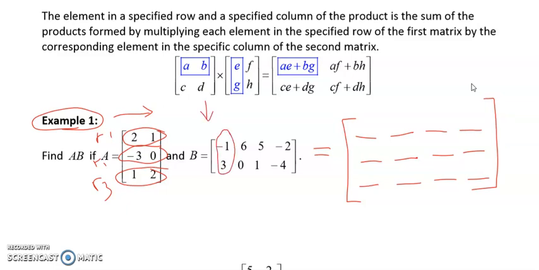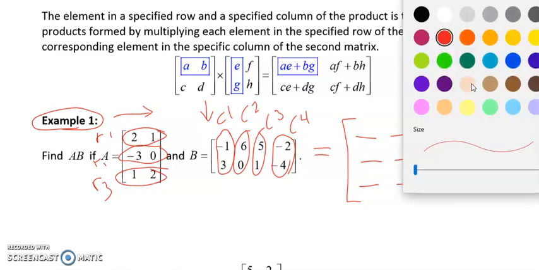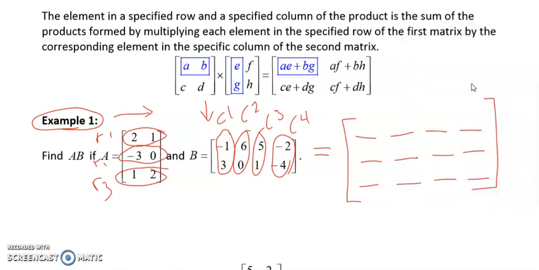So there's column 1, column 2, C1, C2. Here's column 3, and here is column number 4. All right, so you have 3 rows in the first matrix, you have 4 columns in the second. So you always multiply rows in the first matrix by columns in the second matrix. Kind of strange, but that's the way it works. So let me give you an example of how exactly we do this multiplication.